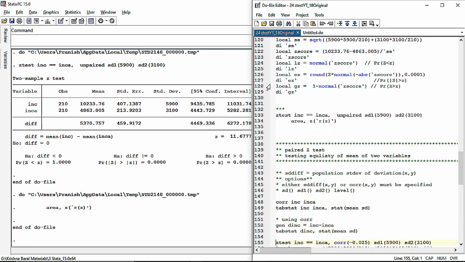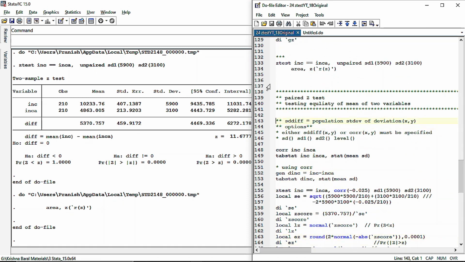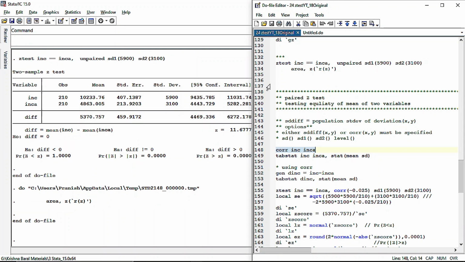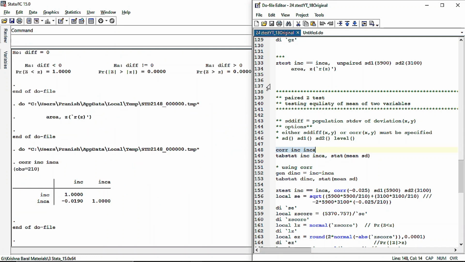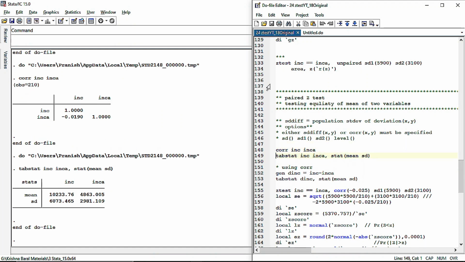Now let us see the example of the paired z-test, and first of all let us see the correlation of these two variables. Their correlation is actually minus 2%, and let us see their mean and standard deviation. Now let us perform the paired z-test making use of the information of correlation.